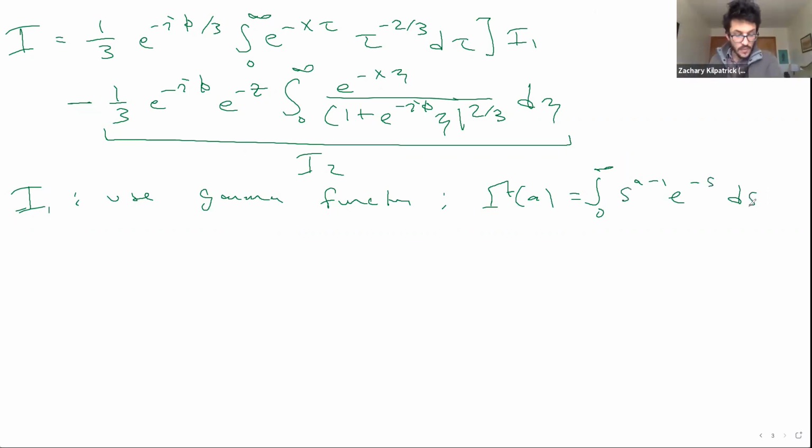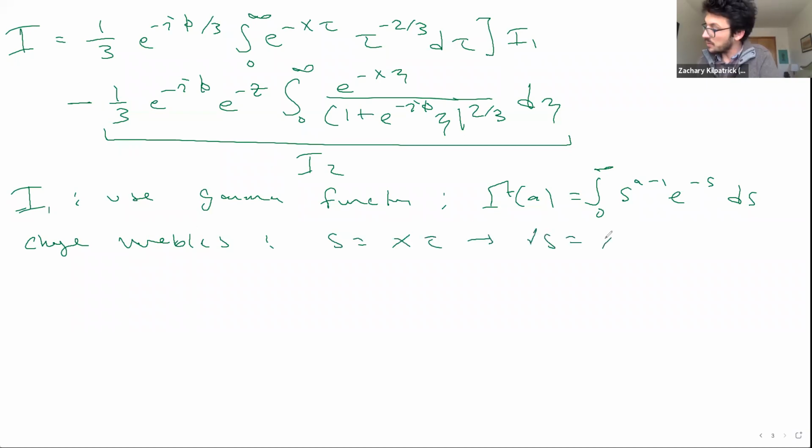Okay. So now what we can do is take our first integral and change variables. So then s is equal to x tau, or ds is equal to x d tau.